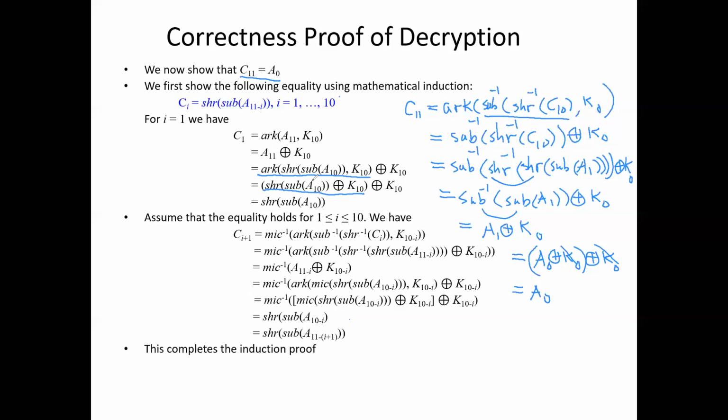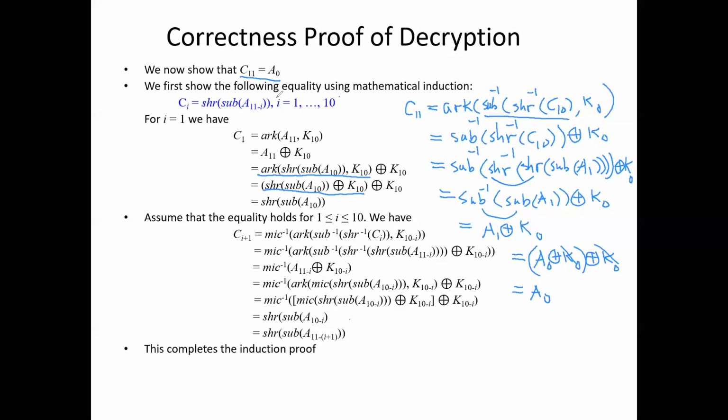So then we know when I is equal to 1, this equality holds. So this is the induction base. Now assume that for any I, greater than or equal to 1, less than or equal to 10, it is true, then we want to do the induction step.